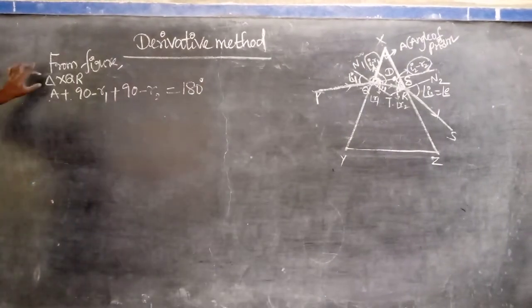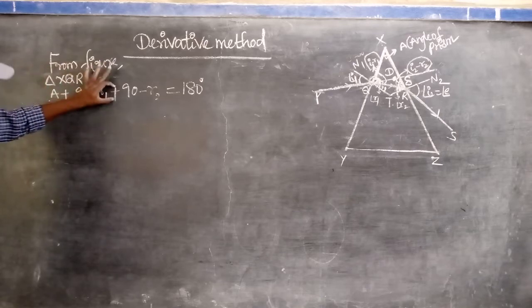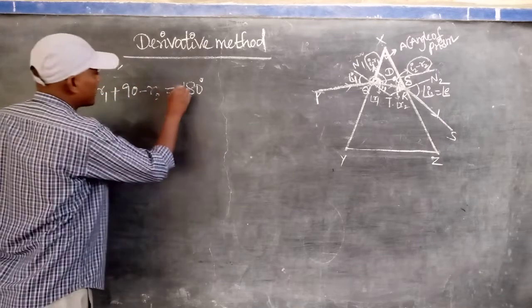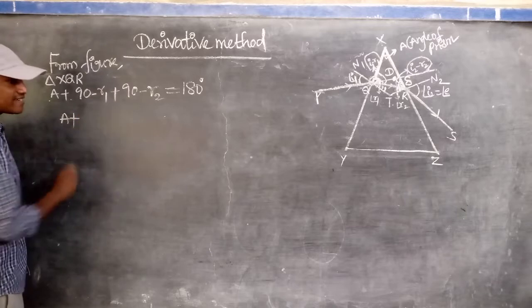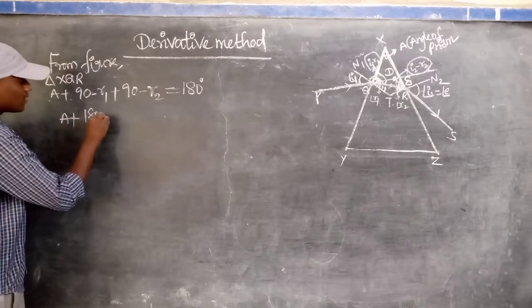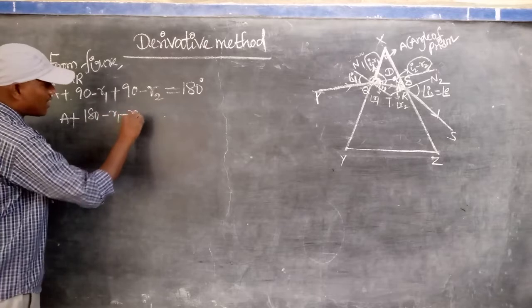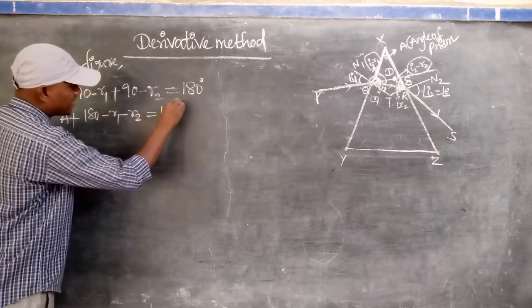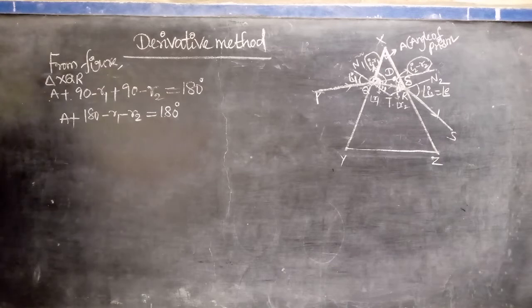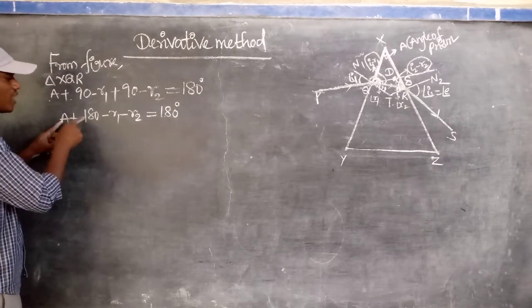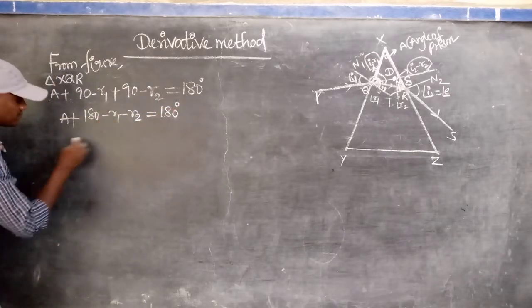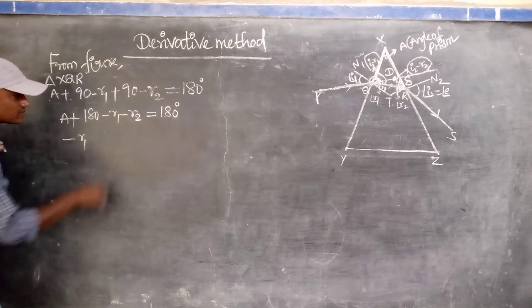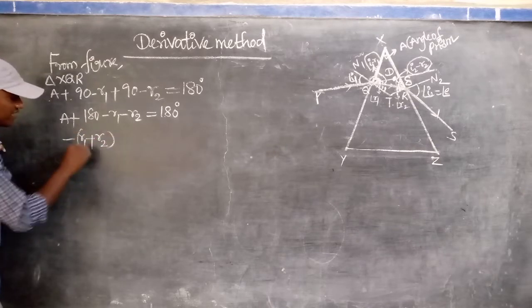Listen, from the figure, triangle XQR: A plus 90 minus R1 plus 90 minus R2 is equal to 180 degrees. Now A plus 90 plus 90 is A plus 180, minus R1 minus R2, equals 180 degrees. Now A and 180, these two values we transfer to the right-hand side.